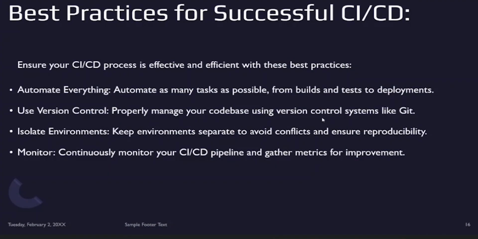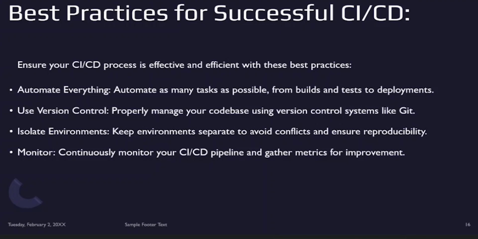So, best practices for successful CICD. Automate everything: automate as many tasks as possible, from builds to tests to deployment, so you reduce the need to interact manually with the system. If you build the correct tests for the pipeline, you don't have to manually look at what is being passed on.